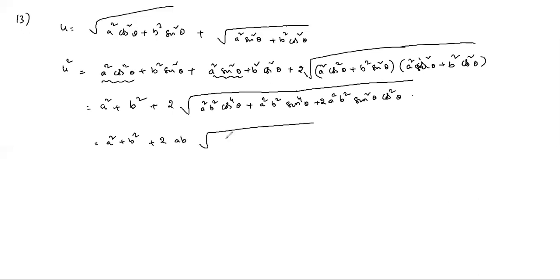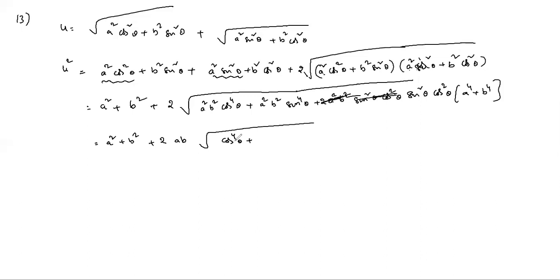So cos 4 theta plus, is it correct? a square into a square cos square theta, a power 4 into sin square theta cos square theta into a square into a square, a power 4 plus b power 4.